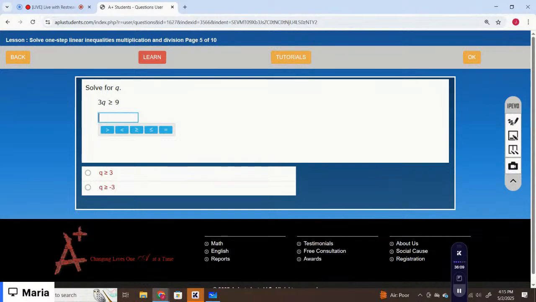The correct option is q is greater than or equal to 3.